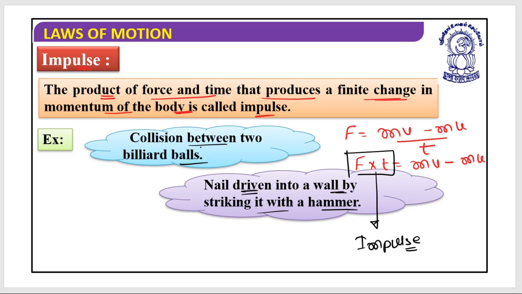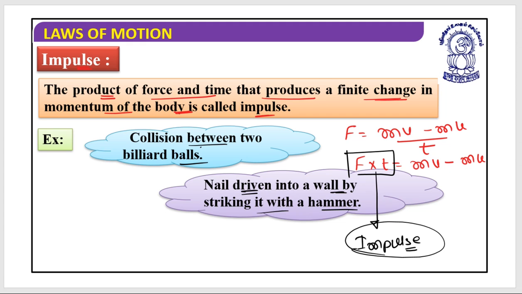Even though the contact force between the hammer and the nail lasts for a fraction of a second, it can create a more severe effect due to certain reasons. Those reasons can be found with the help of impulse, or that impact can be calculated with the help of impulse. I hope these things are clear.